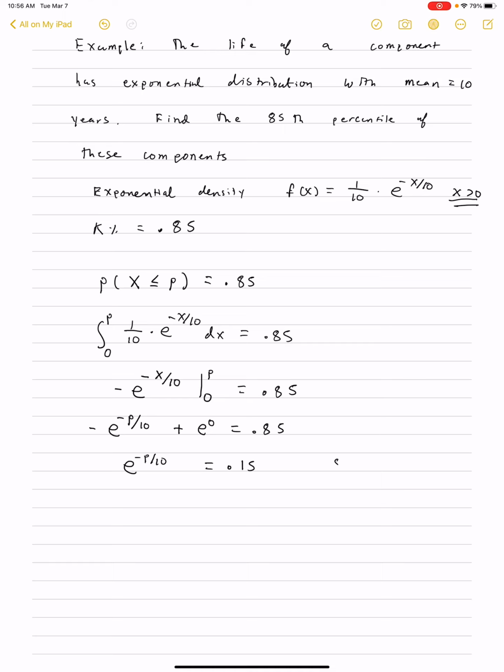Then we just need to solve for p. In solving for p, we'll get minus p over 10 is equal to the ln of 0.15, or p is equal to minus 10 times the ln of 0.15.